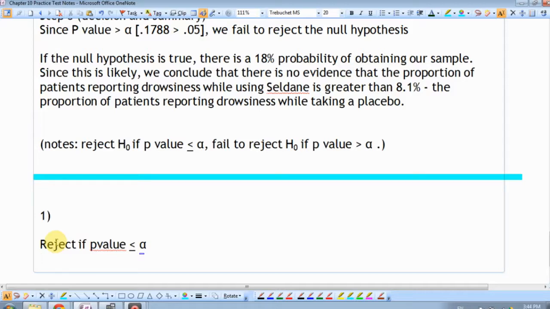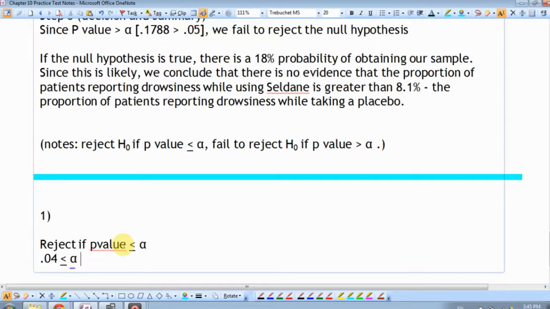Okay, and if I just go ahead and rearrange that, we know that the p-value is 0.04. So in other words, we're going to reject if 0.04 is less than alpha. No, alpha isn't given.